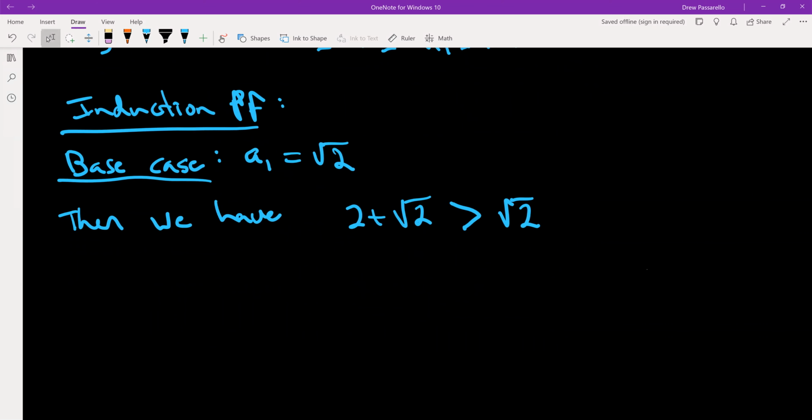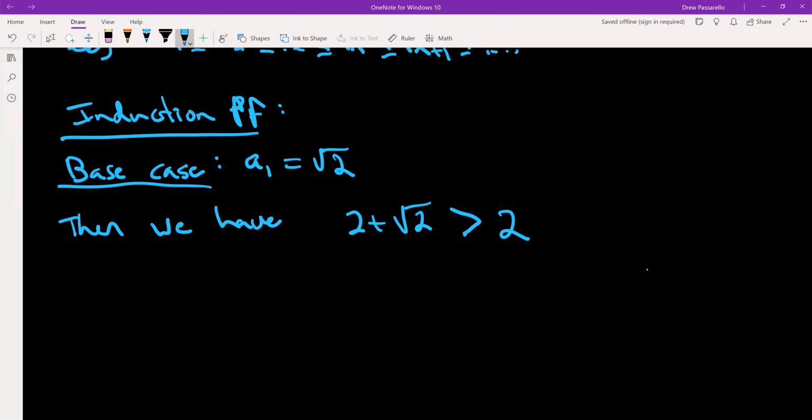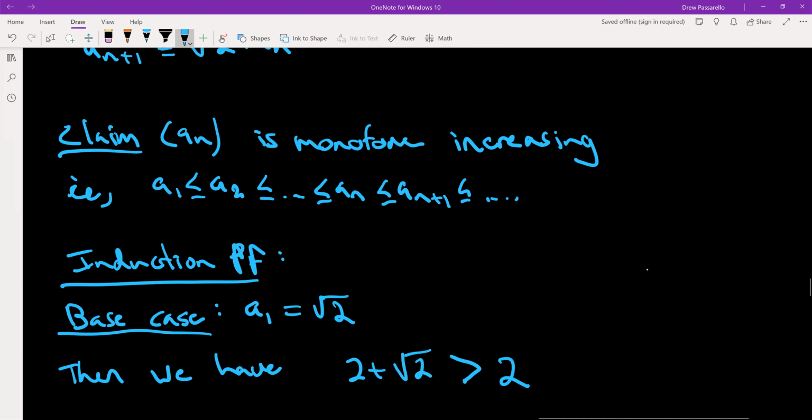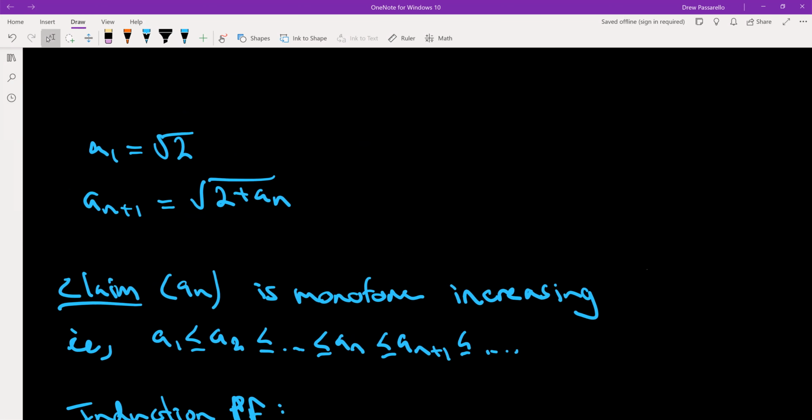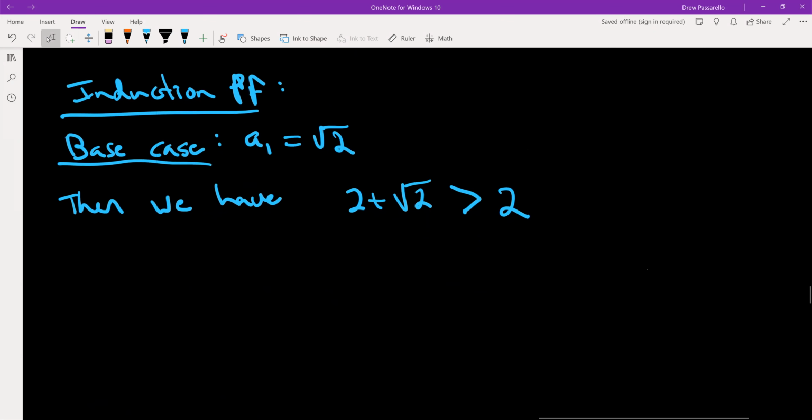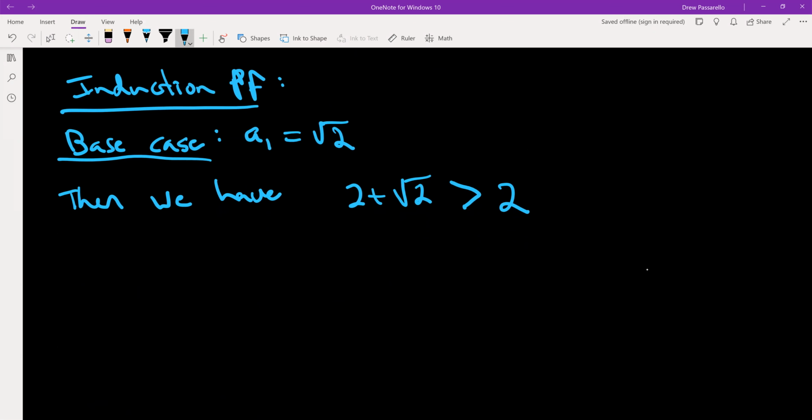Hold on a second, let me restructure this. 2 plus the square root of 2 is greater than 2. And we know that our sequence is defined so that the n plus 1 term is equal to the square root of 2 plus a_n. Well, the first term is the square root of 2. And so what this is saying is that this is essentially a2 squared, and then 2 is a1 squared.